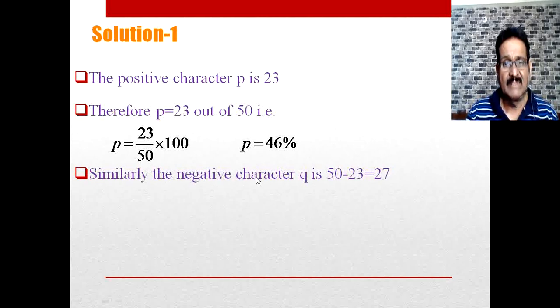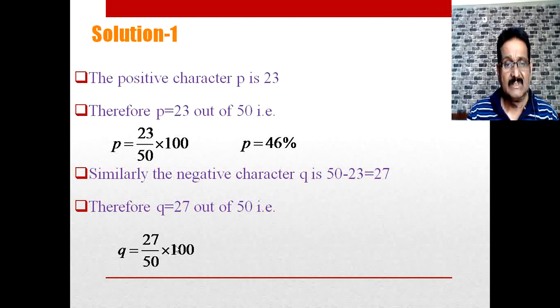First, you identify the negative character, meaning tonsillectomy was done in 23 children out of 50, so 27 did not have tonsillectomy. So 27 negative character out of 50. You can identify the proportion for negative character Q: 27 upon 50 into 100 is equal to 54%.